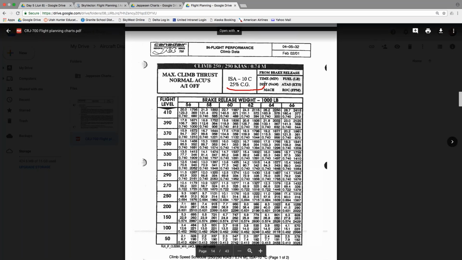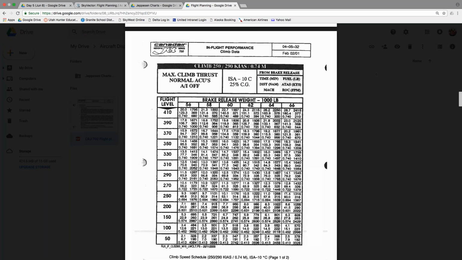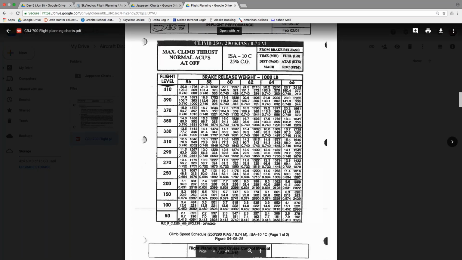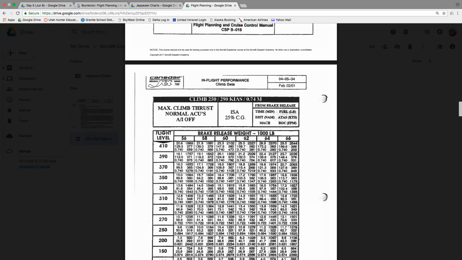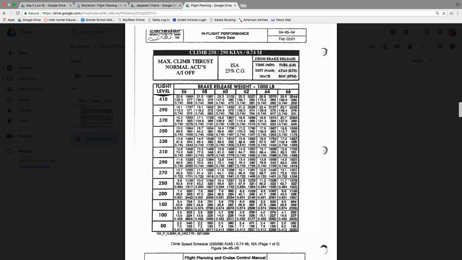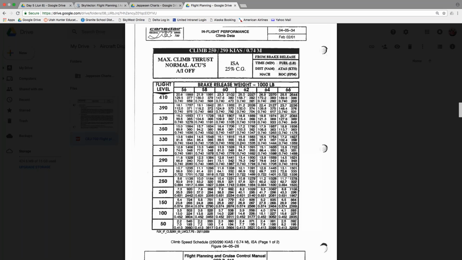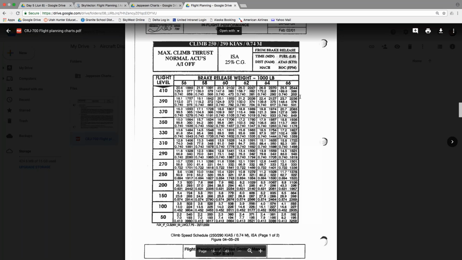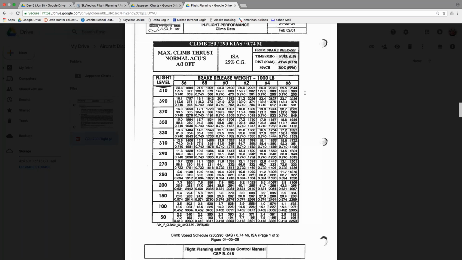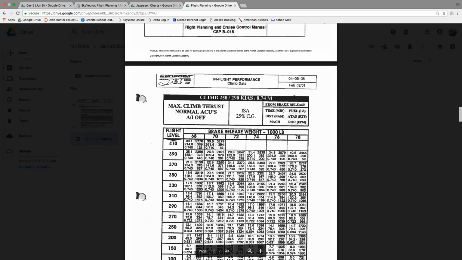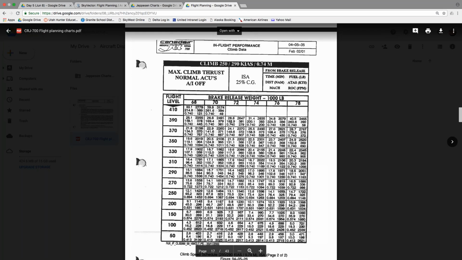Once again, remember that this part right here is the chart. So we need to go where it's ISA, our ISA chart. We're looking at our takeoff weight, our departure information for our climb.